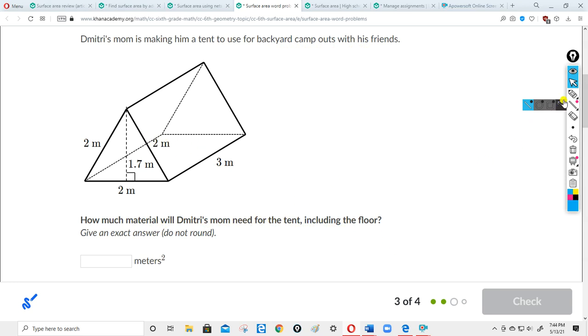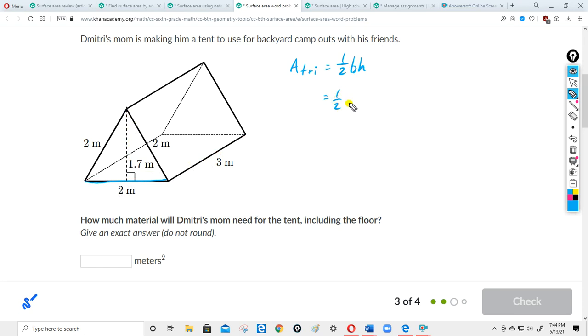Okay, so we're just finding the surface area. Let's do the triangle first. That's going to be 1/2 base times height. This triangle up front, you can see the base is 2, and the height is 1.7.